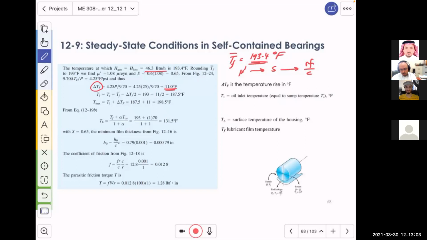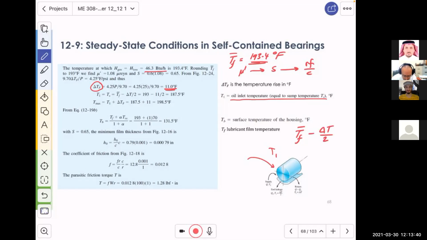Now, if you remember, we said that the fluid will get in with T1. This is the oil inlet temperature here. I'm bringing it to you, which is the same as TS. Then that temperature is supposed to be equal to T bar F, which is the average temperature of the film, minus delta T divided by 2, the average rise in the temperature.